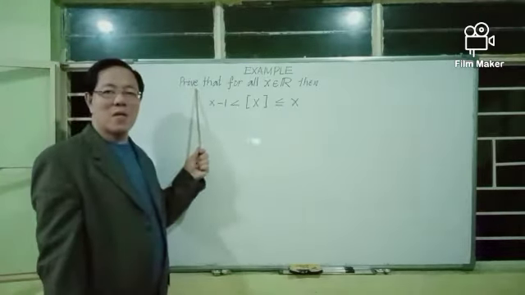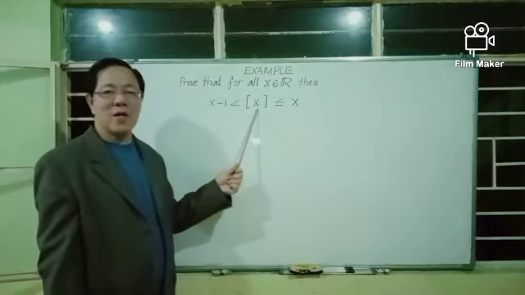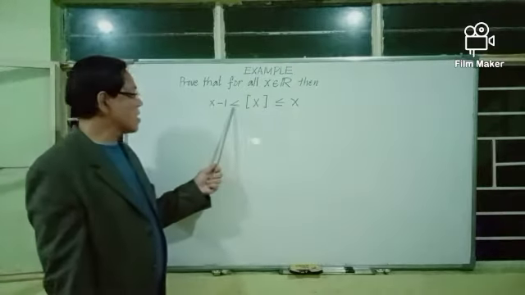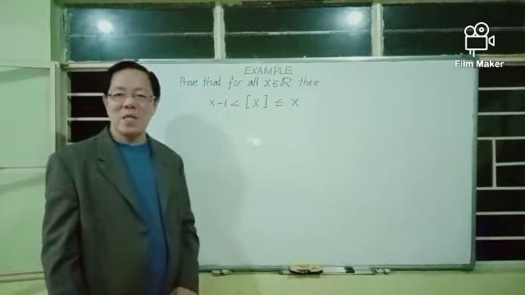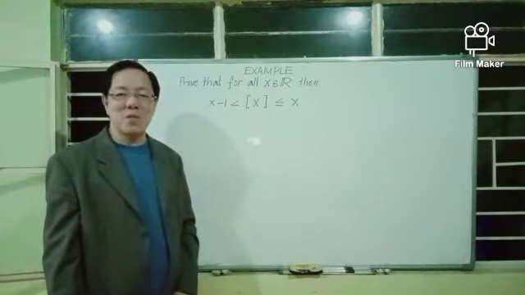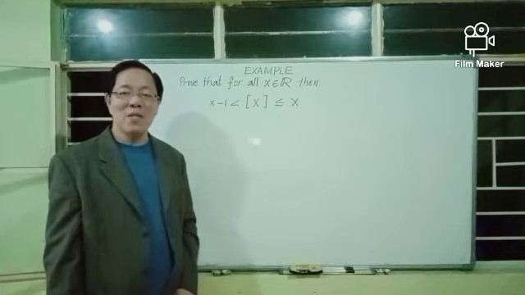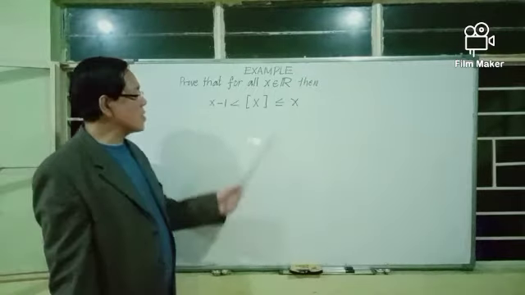Prove that for all real numbers x, the greatest integer function of x is less than or equal to x, but is strictly greater than x minus 1. It will take 3 steps to prove this theorem, and we will use one of the alternative definitions of the greatest integer function.